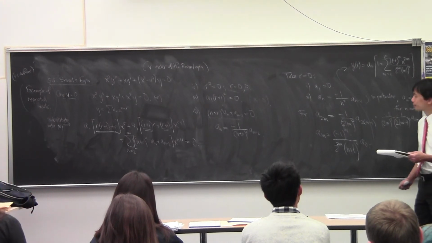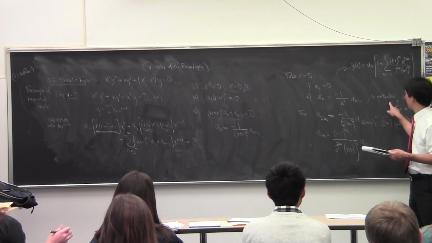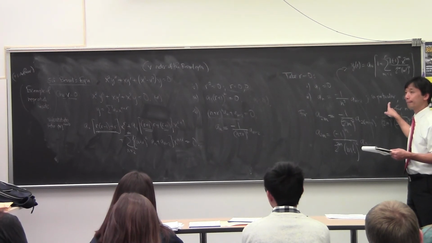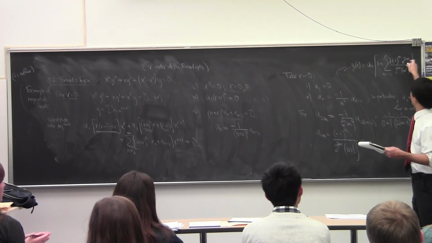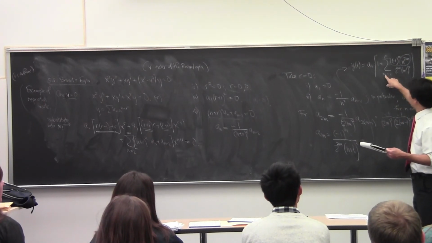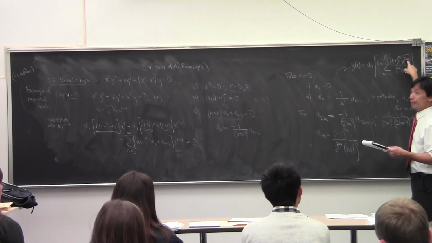I'm just wondering, even though the odd terms are 0, when you make this series, the odd terms turn into... No, there are no odd terms. You've got m from 1 to infinity, and you've got x to the 2m.